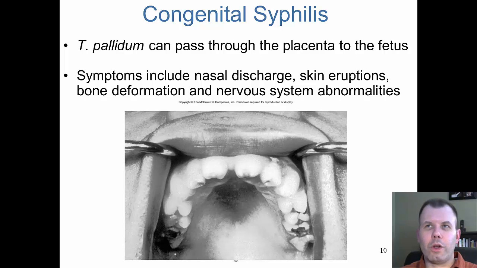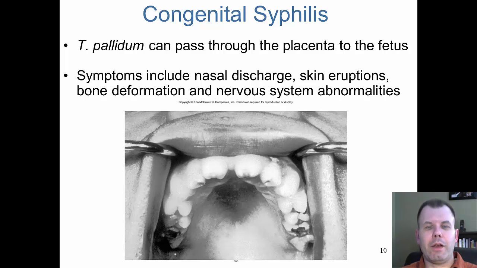Obviously, nasal discharge and skin eruptions are not as bad as bone deformation and nervous system abnormalities. So, if you're pregnant, you should always get tested for STDs in case you were ever exposed. Some of these things can cross the placenta and cause problems. Also, during delivery, they will find out if you have any actively growing STDs at that time.